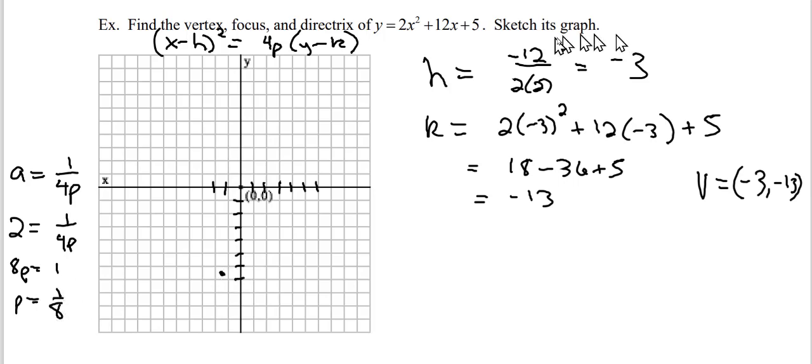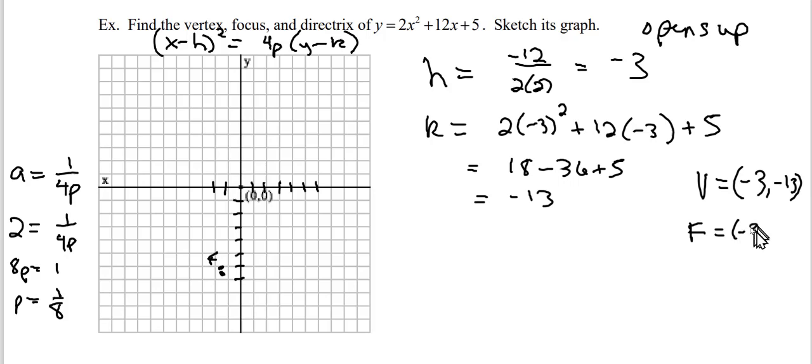I know this opens up. That I knew from Unit 3. My focus is 1/8 above. I can barely even graph it because with a scale of 2, they're going to be right next to each other. But it's above the vertex by a value of 1/8.